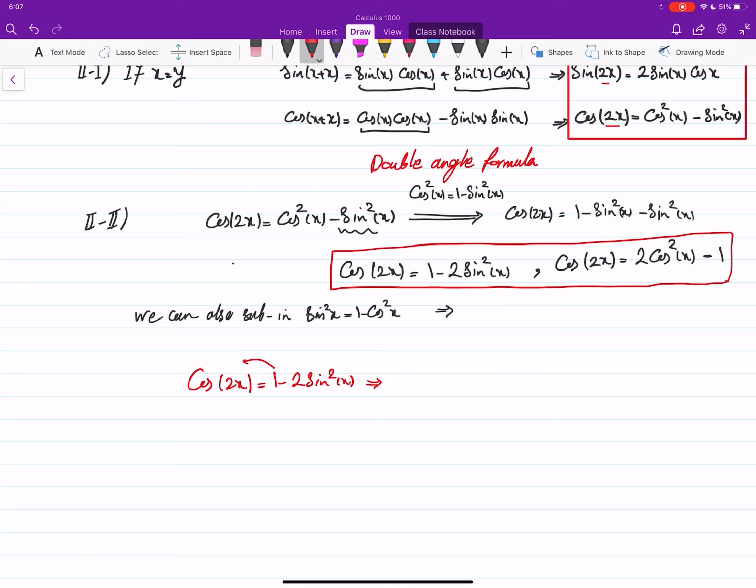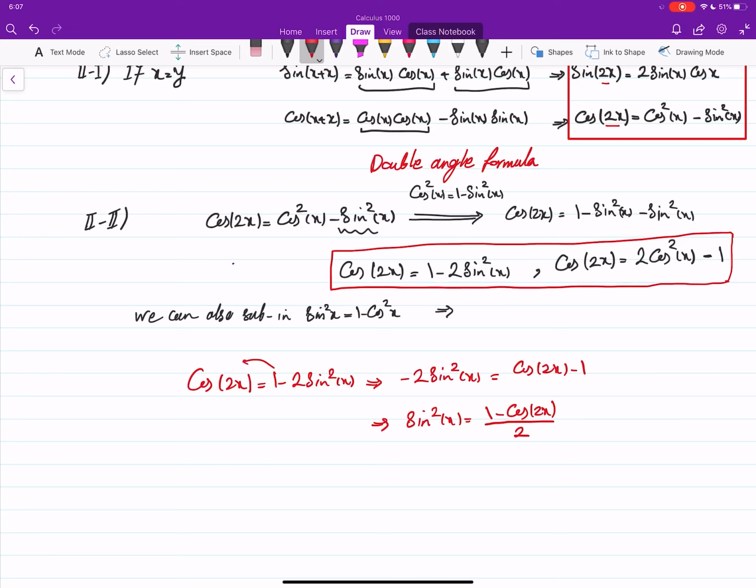I can write negative 2 sine squared x equals cosine 2x minus 1, and then divide by negative 2. So sine squared x is going to be 1 minus cosine 2x over 2. I divided by negative 2, so that's why I switched this thing.